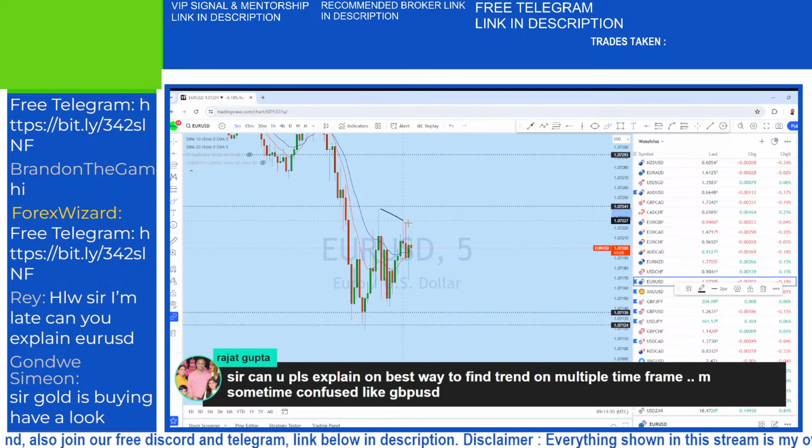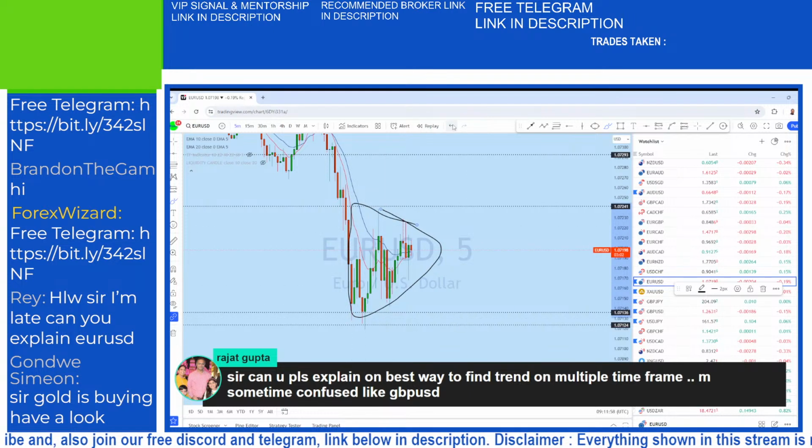You can see a triangular pattern has formed.